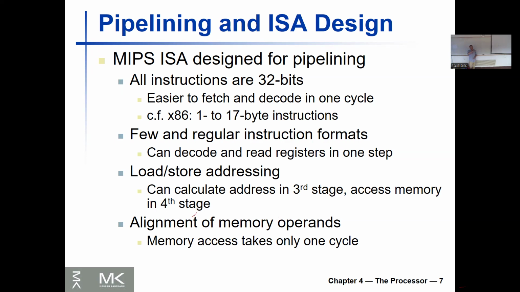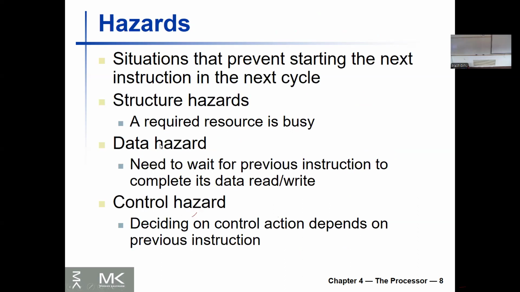If the instruction was spread out over 2 lines, then sometimes it would take me longer, sometimes shorter. It's more complicated. There are few instructions, they're all in the same regular format, basically. Load and store addresses can be calculated in the 3rd stage. Alignment, whatever, we'll see what the advantages are as we go.